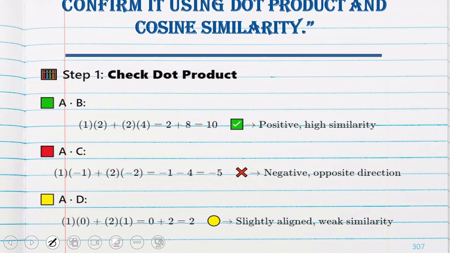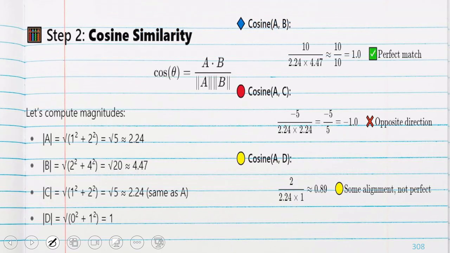A dot C is negative, which means opposite direction. A dot D is positive, which means slightly aligned and weakly similar. Here it is positive, here it is also positive, but high positive means highly similar, less positive means weakly similar.